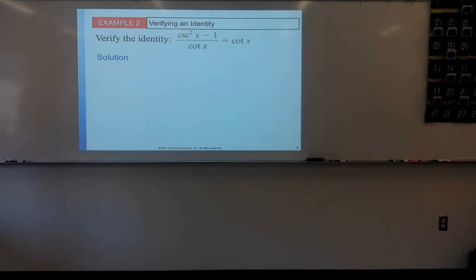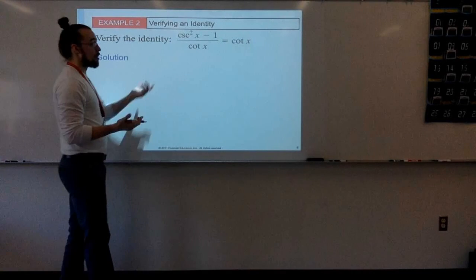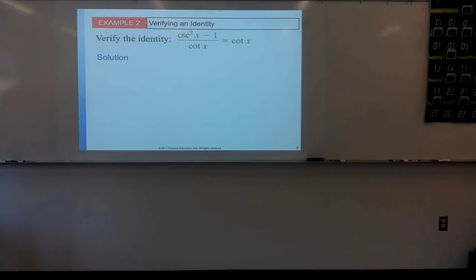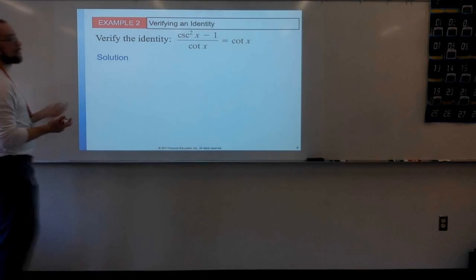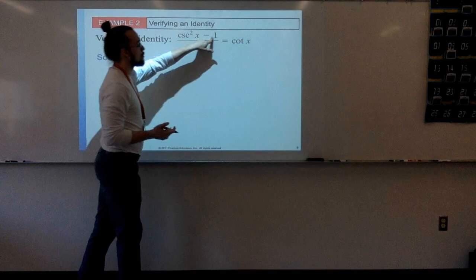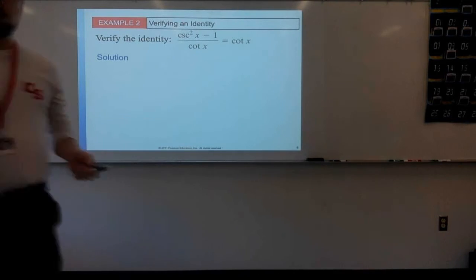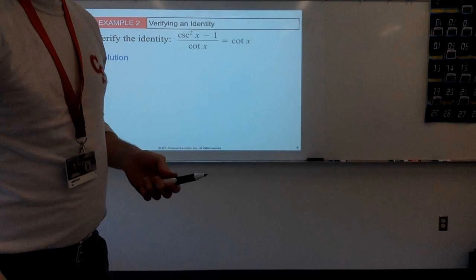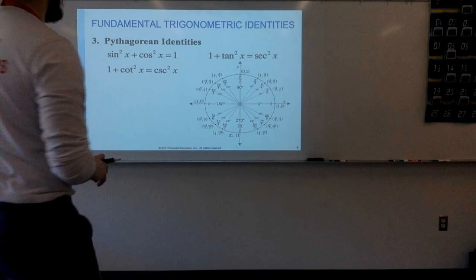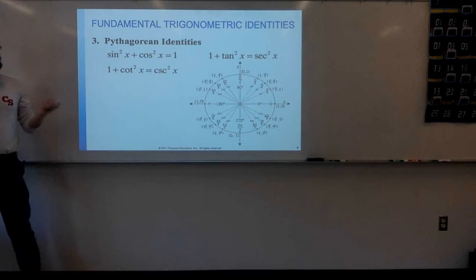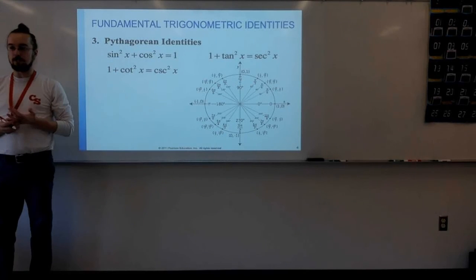There are a few different strategies that we can use to do something like this. Right? One is using our identities right off the bat. Okay, so in the numerator of this fraction, I see cosecant squared minus 1. So, like we just talked about two slides ago, I guess, we may end up using manipulations of these Pythagorean identities.